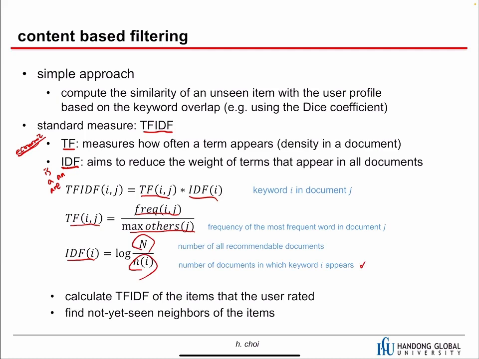So we actually check how many documents have this keyword in it. Then we calculate the TF-IDF of the item and find not yet seen neighbors of the item. Then we recommend these not yet seen neighbors of the item. So this is one example of content-based filtering.